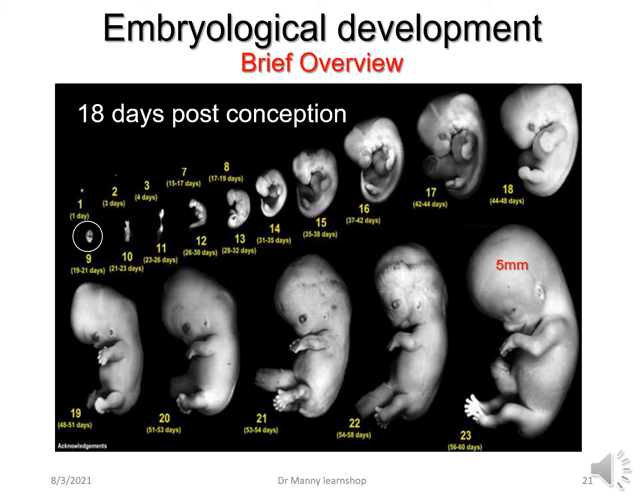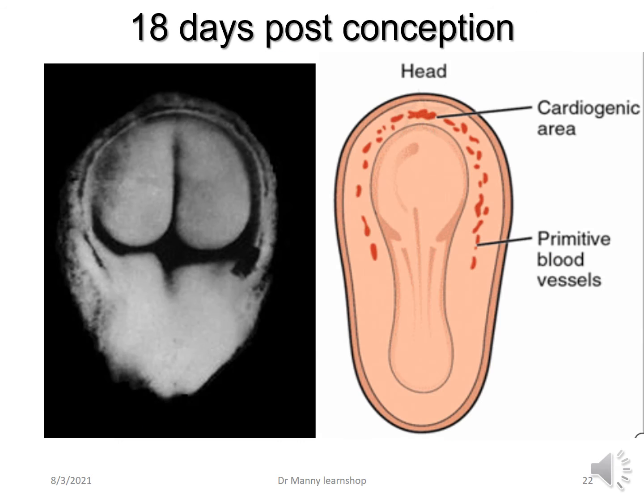This is approximately 18 days post-conception, and you can't even see the embryo, but already the heart is working. Already the cardiogenic area is developing with primitive blood vessels, and this is essential because it's the cardiovascular circulation and the heart pumping that promotes development of all the embryo's organs.